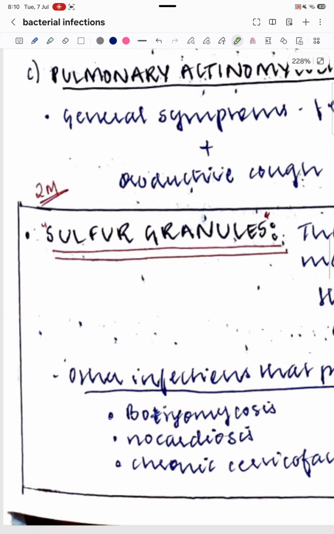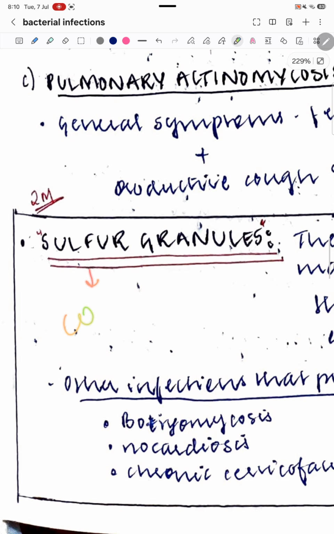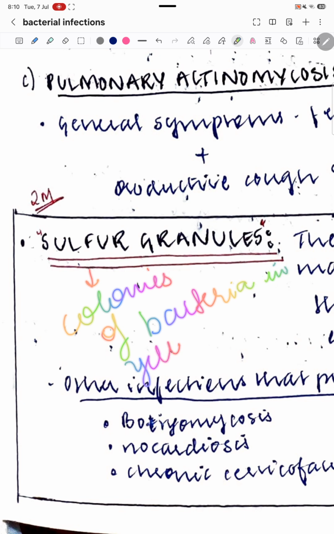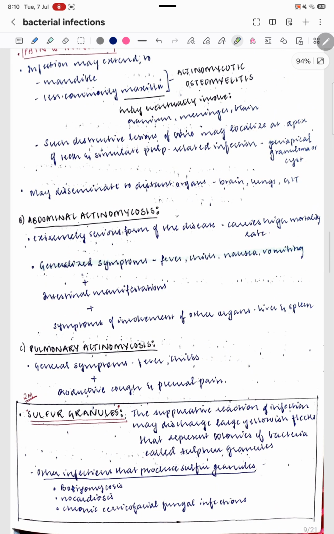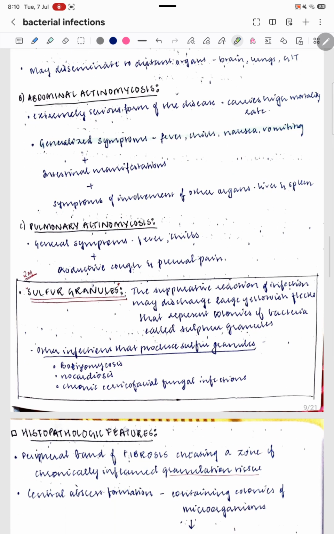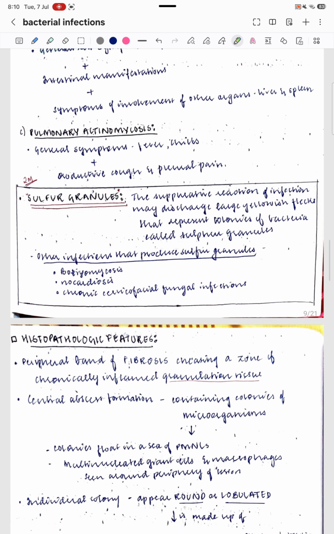So basically, what are sulfur granules? They are colonies of bacteria in yellow flecks. So this is nothing but your sulfur granules. The other infections that produce sulfur granules are botryomycosis, nocardiosis, and chronic cervicofacial fungal infections.